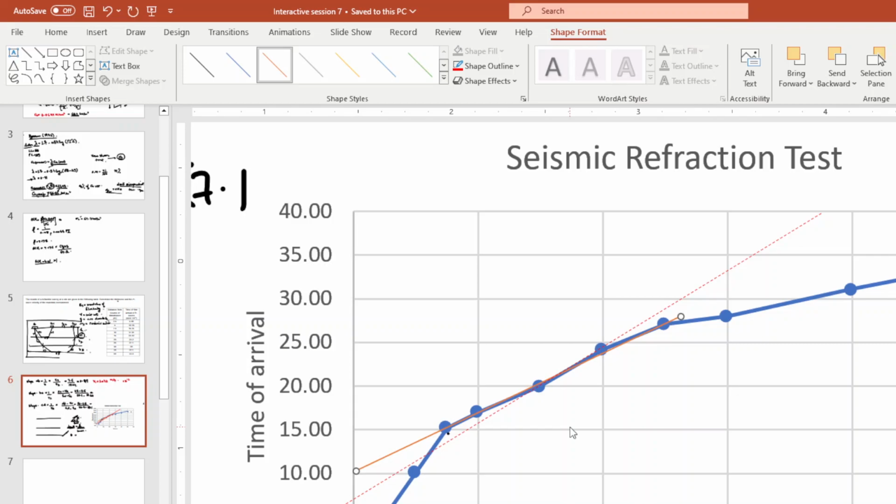You always have to improvise. If you can see for yourself that this is a better fit for this line than this, your instinct will tell you that this is the line that I should take.